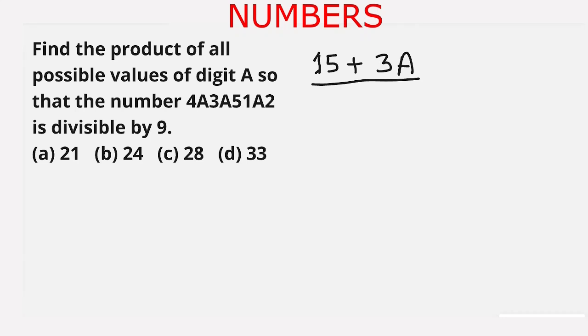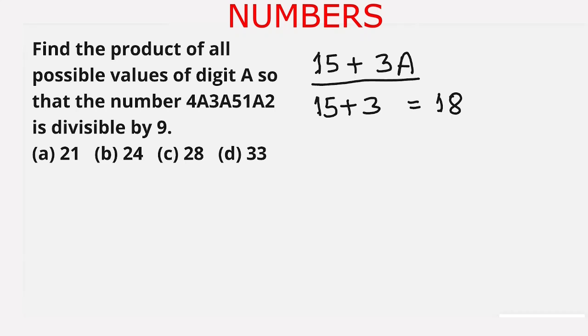So if we put the value of A as 1, then this becomes 15 plus 3 equal to 18, which is divisible by 9. Now if we put A equal to 2, then 3 times 2 is 6, and 6 plus 15 is 21, which is not divisible by 9.